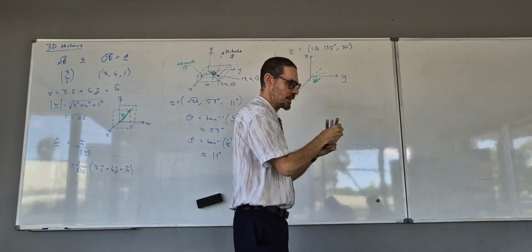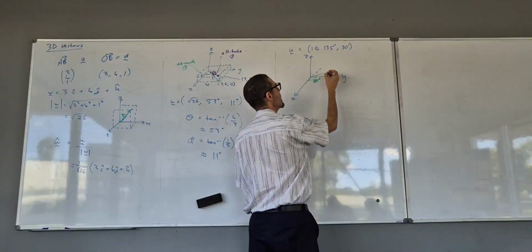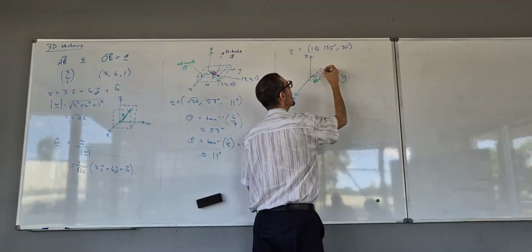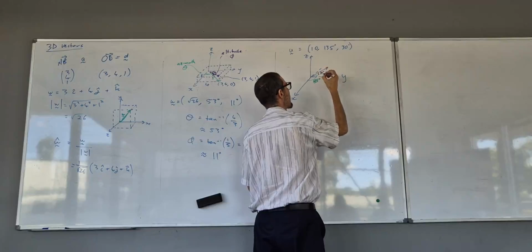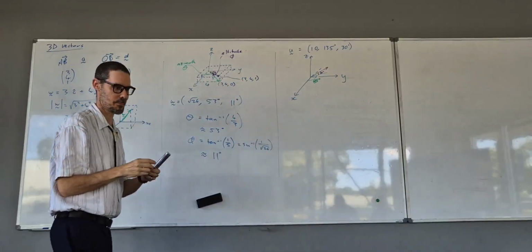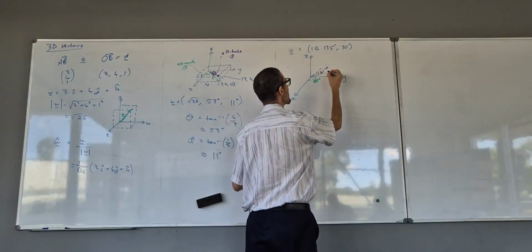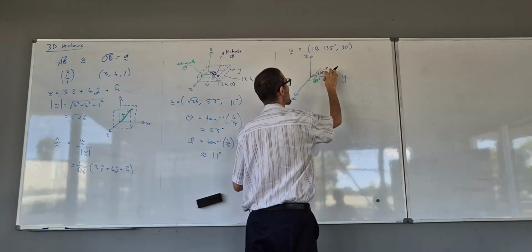And then up 30 degrees from the plane to the Z. Vertically up. So this is 30 degrees up from the plane. Now, this is really hard to draw.